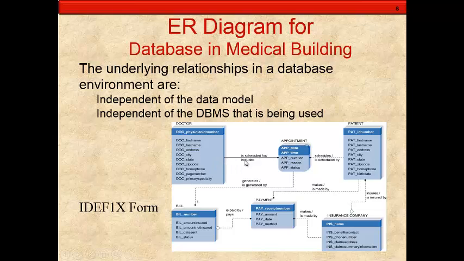And the entity in the middle between patient and doctor is an entity, but it has a different name because of the relationship between the two other entities. And it's called a composite entity, which we'll talk about a little bit later.